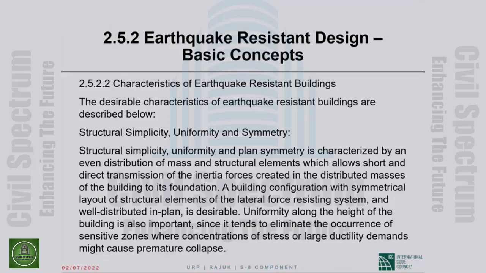So all of this is very, very good advice, except that most real buildings violate these principles. There are owners involved, there are architects involved. The architects want their building to look distinctive, not like a rectangular box. So they don't have a lot of taste for this simplicity, uniformity, symmetry, etc., etc.